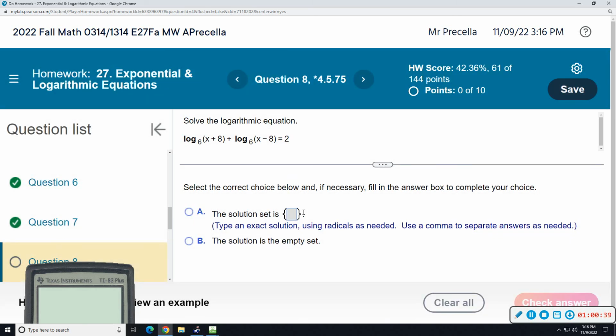Okay, number 8. Let's see. Log base 6 of x plus 8 plus log base 6 of x minus 8 equals 2.